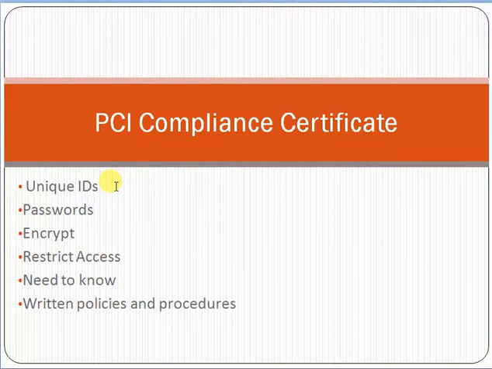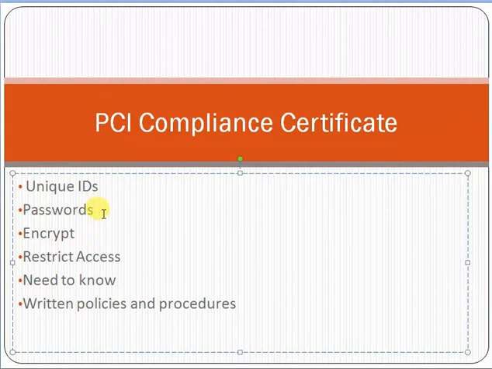Like I cannot use your ID and you cannot use my ID. I should have a unique ID to use the banking information system, which interacts with the card brands or card information system. Secondly, the passwords of the IDs should be complex. It should not be a very easy password, like one based on my name or my relative's name.